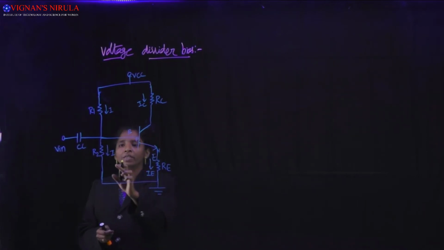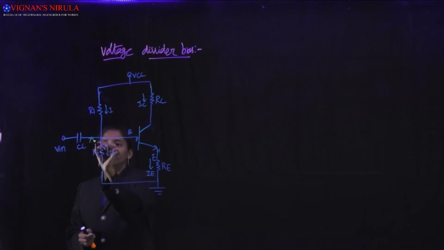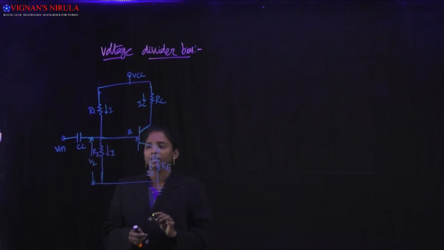The voltage drop across the resistance R2 is represented with V2.